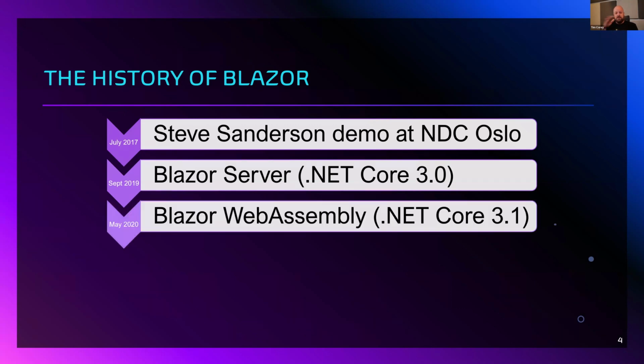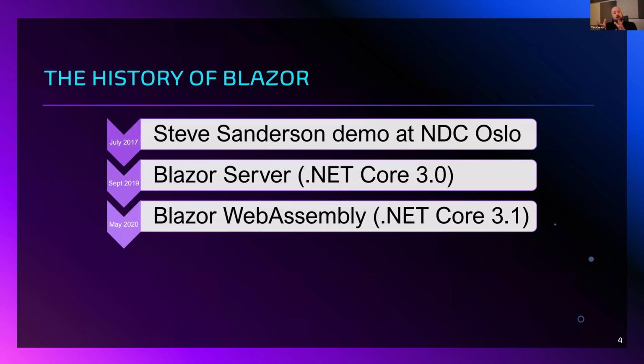Next up, which came kind of out of band, when they started to clean things up and move to a regular cadence for .NET, was Blazor WebAssembly with .NET Core 3.1, in May of 2020. Blazor WebAssembly was more of what Steve Sanderson was doing originally, which is take the entire version of .NET, but crunched down, and send that down to the client as part of the client-side code.